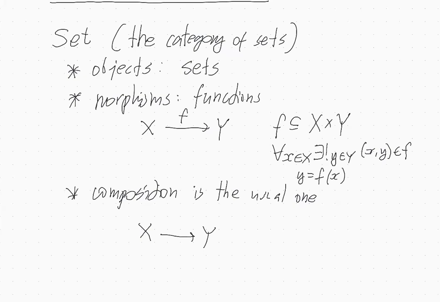This is now very similar to the category of natural numbers we had, where objects were numbers and morphisms were functions. So composition is defined by this formula. And then it's easy to see that it's associative and the identity morphisms are there, so everything is fine.